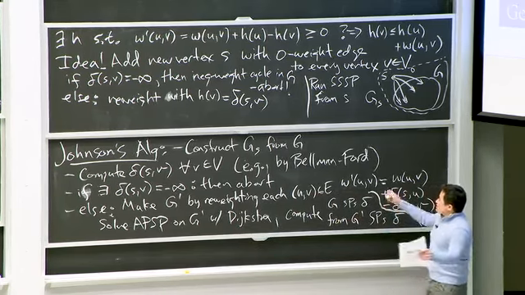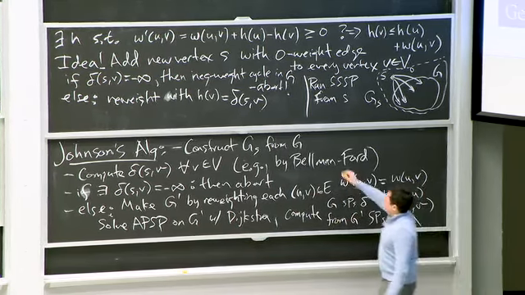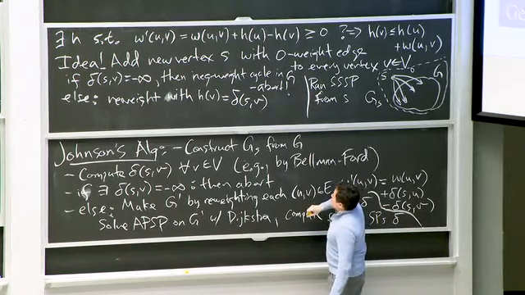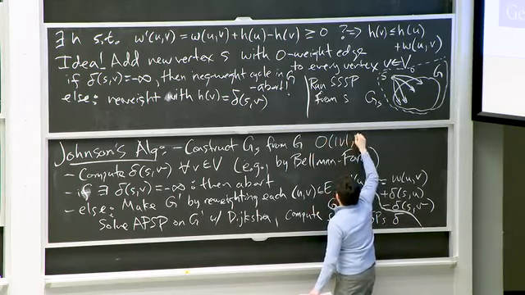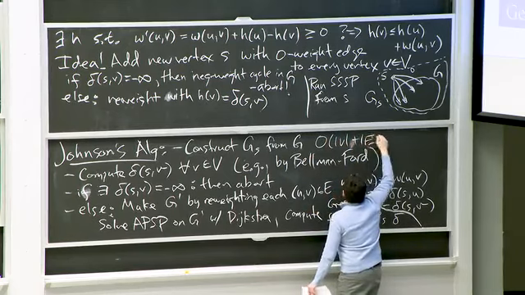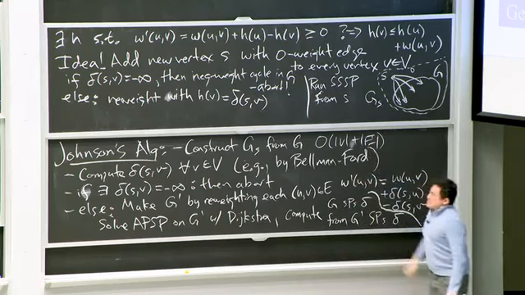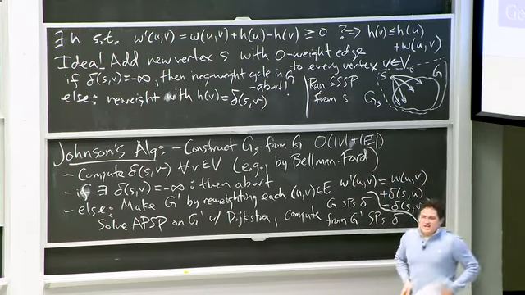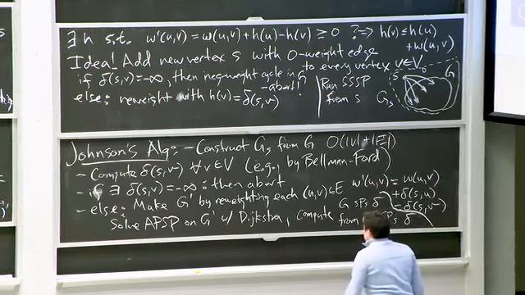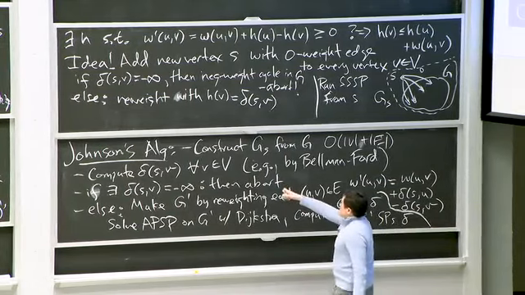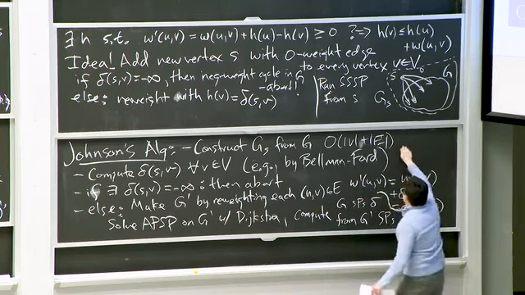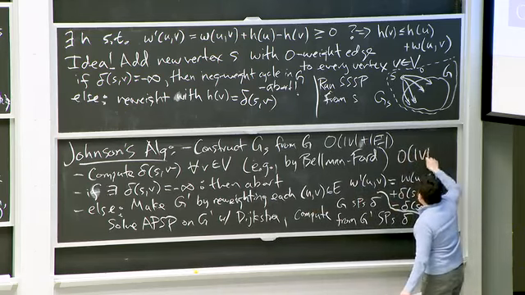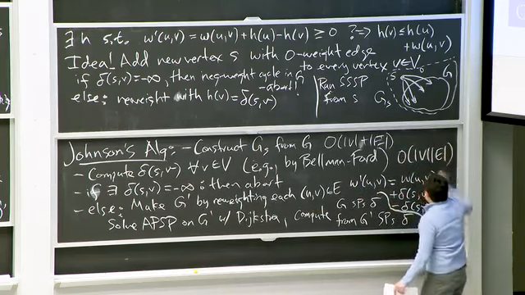Okay, what is the running time of this algorithm? So this part, reconstructing this thing, takes linear time, right? I'm just making a new graph of the same size except I added V edges and one vertex, okay? Doing Bellman-Ford on this new modified graph, I'm doing that once. That takes V times E time.